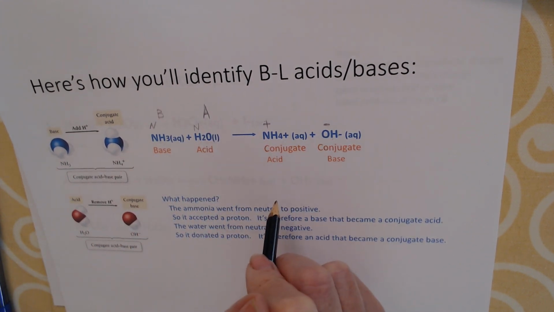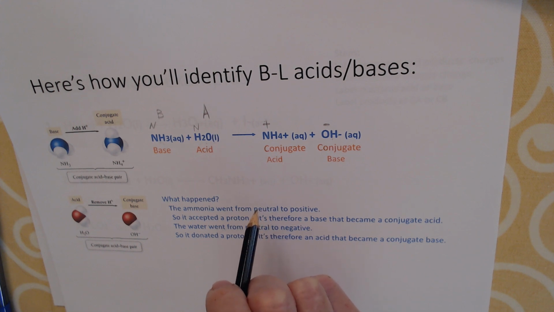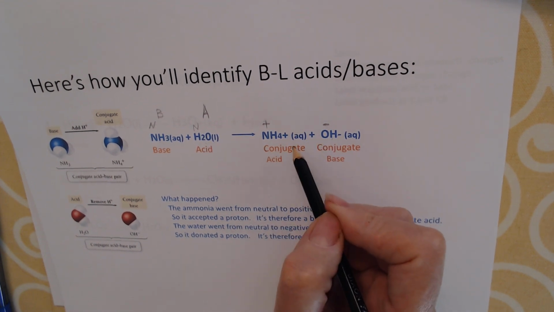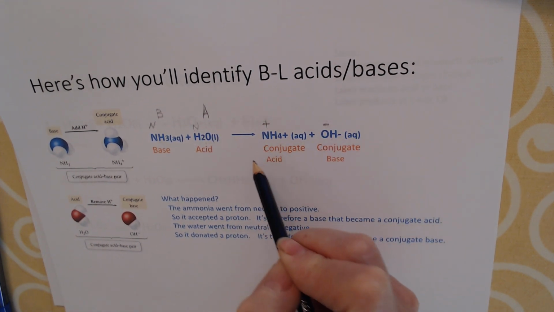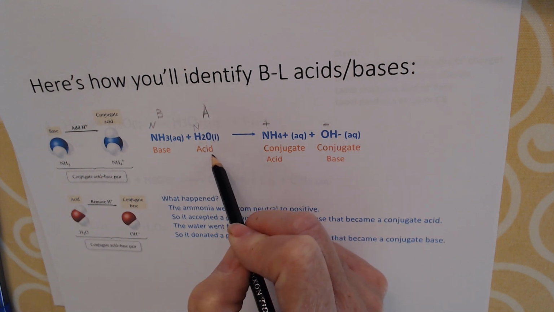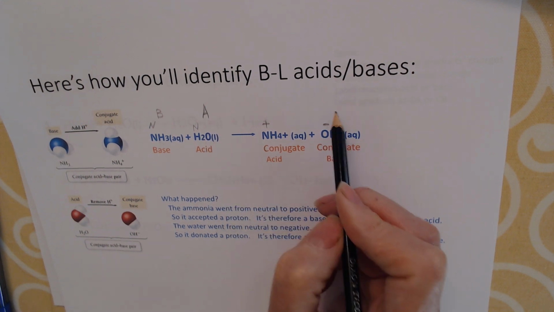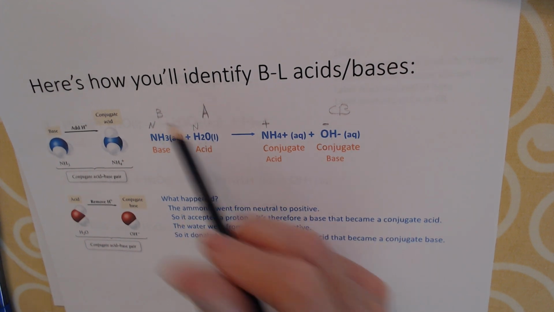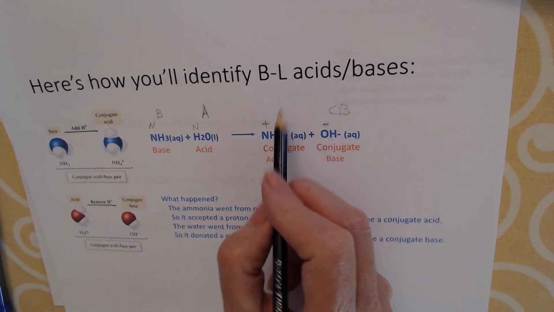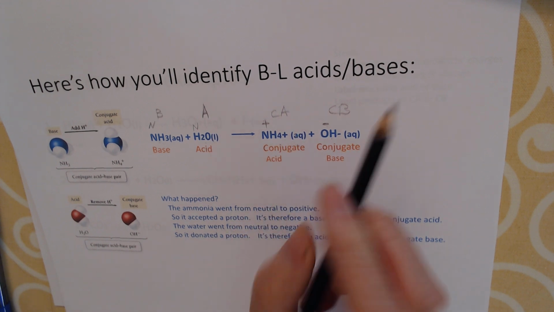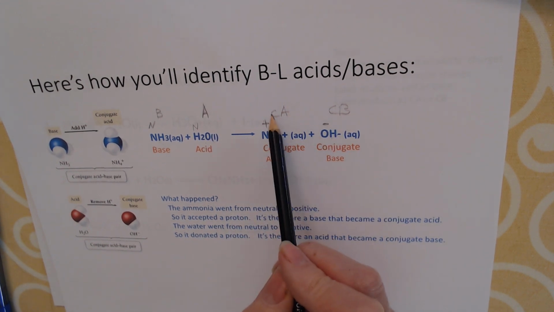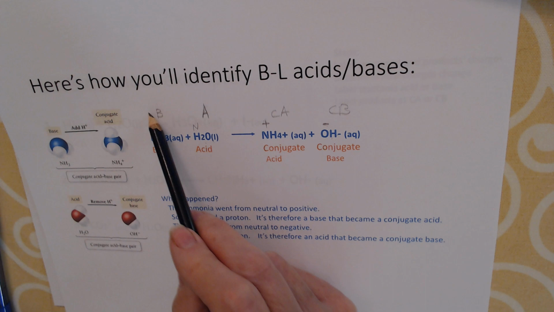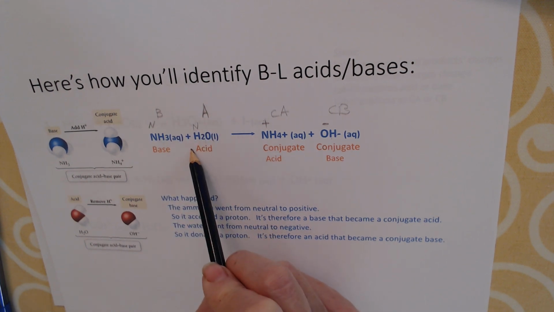The next thing we need to know to work these equations is we say, okay, whatever was my acid became my base. So this is my conjugate base. Whatever was my base became my acid. So this is my conjugate acid. So what happened here is my acid and base are always going to be over here in my reactants.